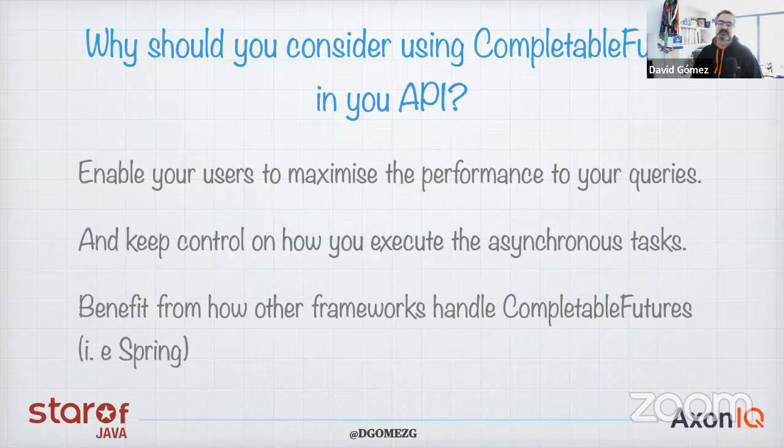And this is very important, because otherwise you could face the problem that someone externally is trying to call your methods using a common fork join pool.